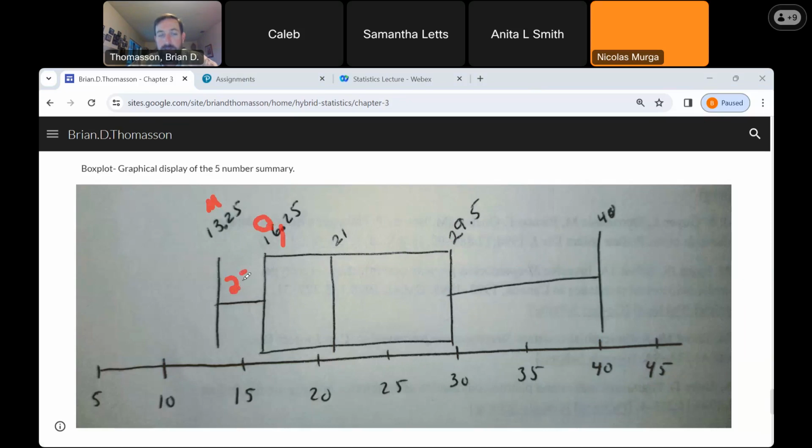Then between Q1 and Q2, Q1 is the 25th percentile and Q2 is the 50th percentile, so again 25% fall in that range. They're all the same, exactly. So this is 25 and this is 25.